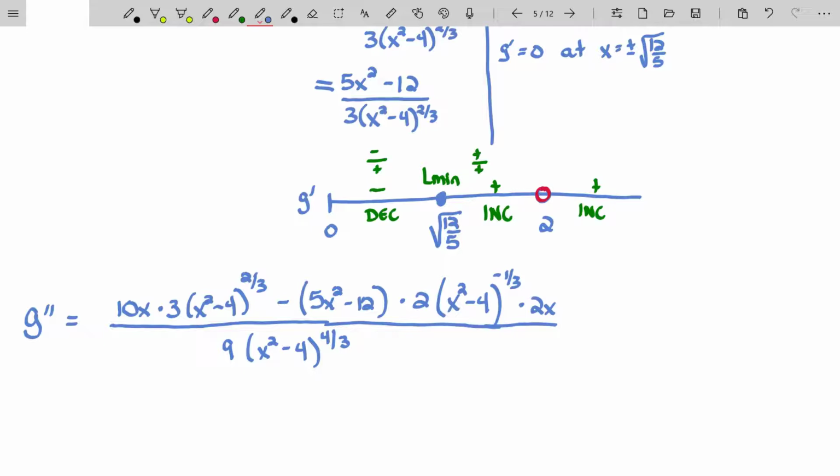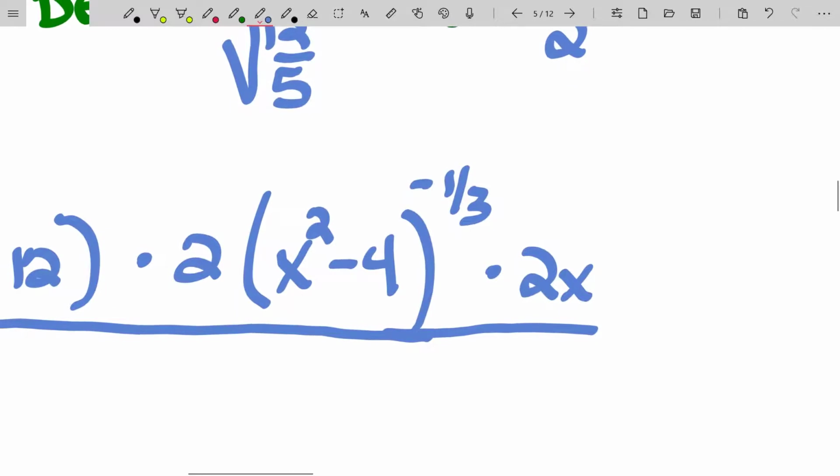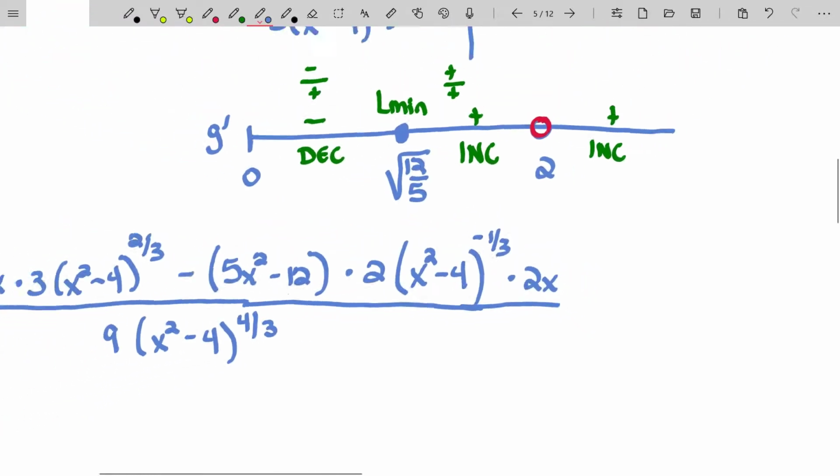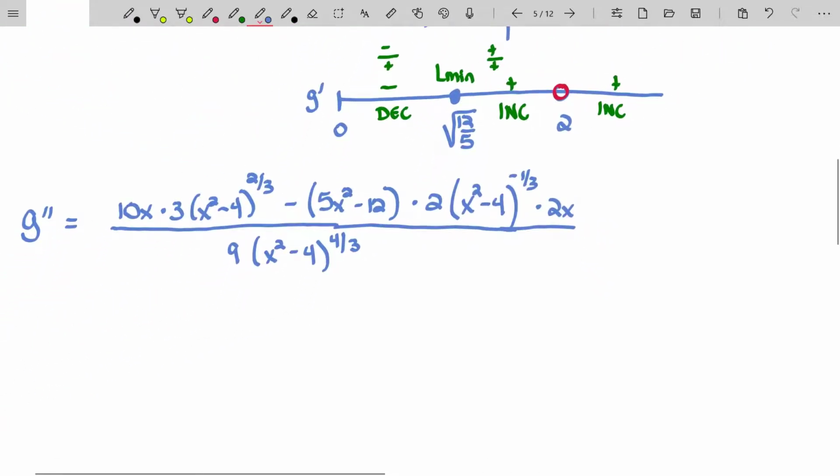Now I'm going to multiply both numerator and denominator by x squared minus 4 to the positive 1/3 to get rid of this silly negative 1/3. I'm taking my time with this because this can be a very, very messy process. So I'm going to increase all the powers in the numerator on the x squared minus 4s by 1/3.